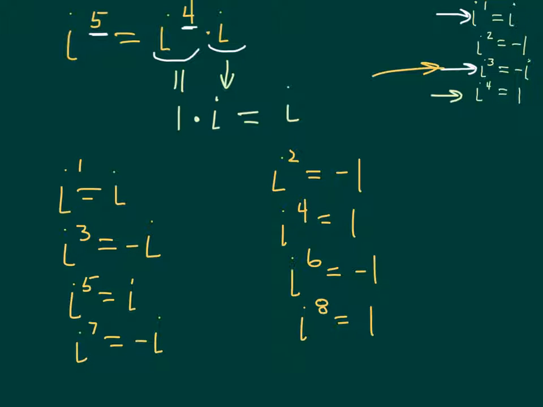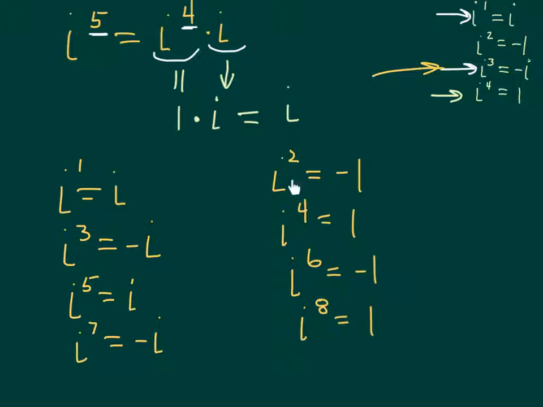So starting with i squared being negative 1, every next even number is going to change sign. So it's going to go negative, positive, negative, positive. Just like over here, it went positive, negative, positive, negative.